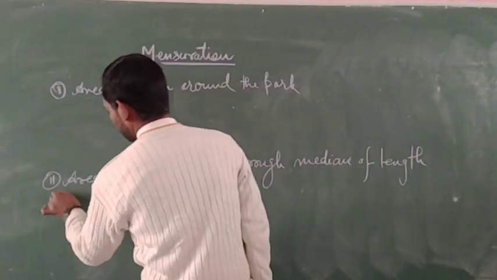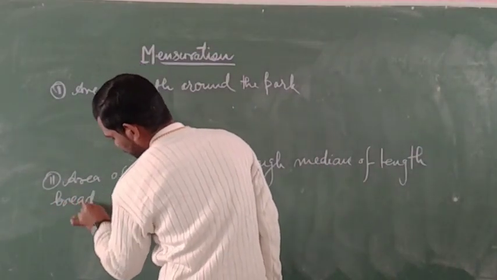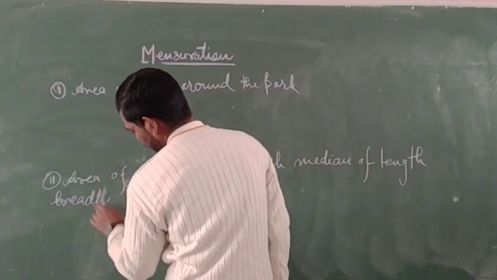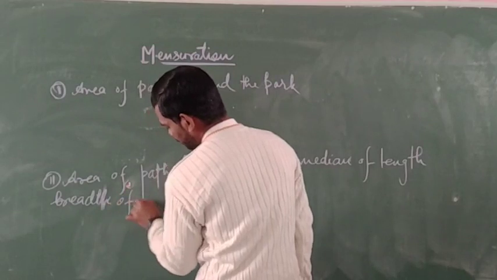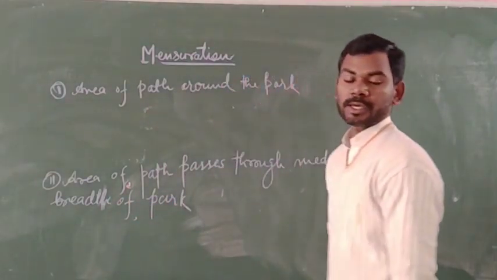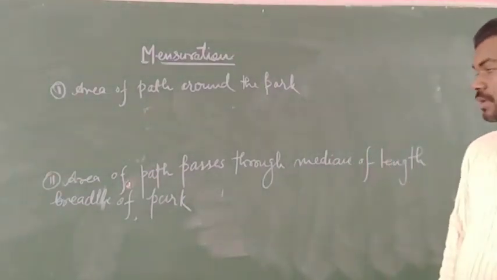Length and breadth of path. So these are the two conditions for which we have to find out the area of the path.